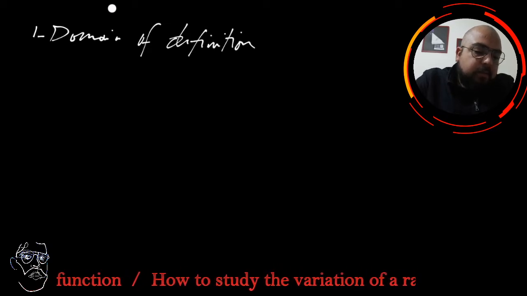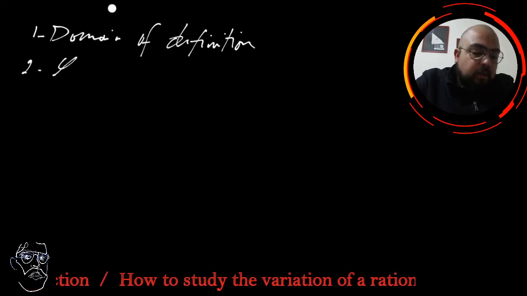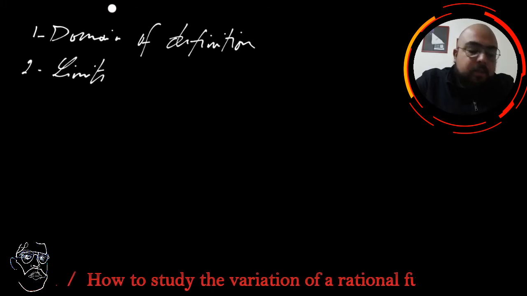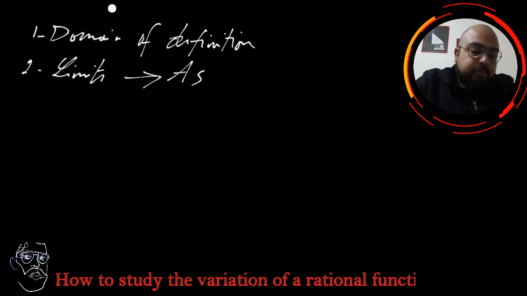The second step is to study the limits. Now in this case, after studying the limits, you will be able to talk about the asymptotes.